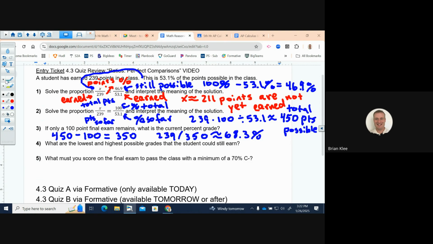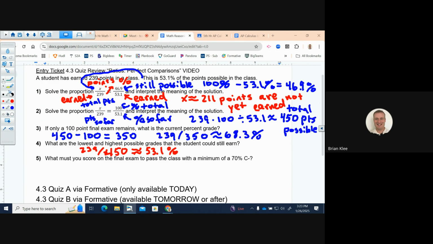Okay, highest and lowest. We'll do the lowest. So lowest score the person can get, they could score nothing on the final exam. So they might stay at 239. In theory, they could score 0 on the final exam, and they are going to fail the course. 239 divided by 450 is about 53.1%.